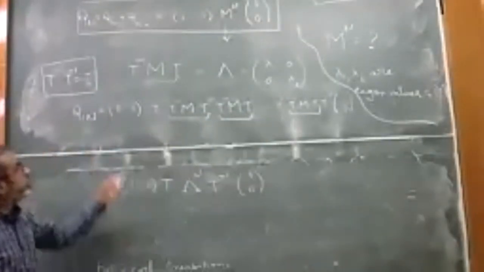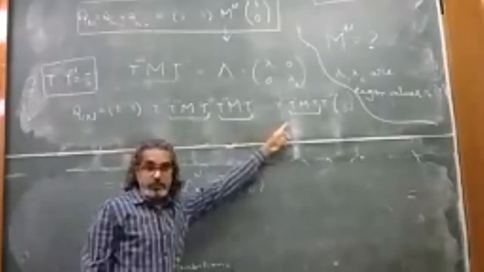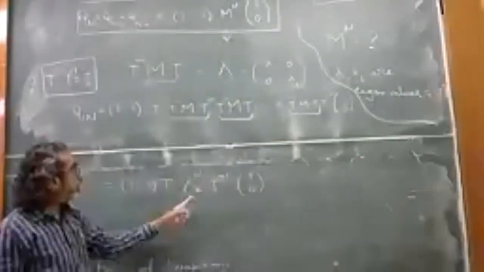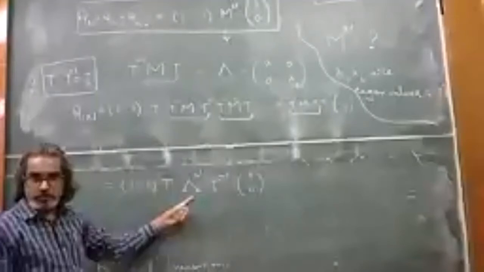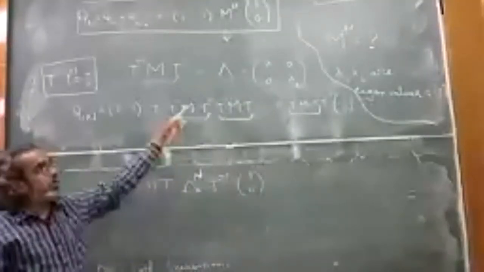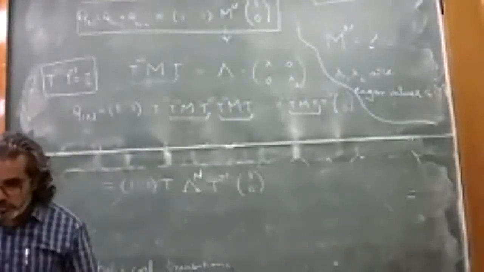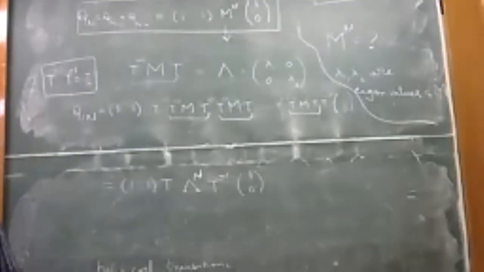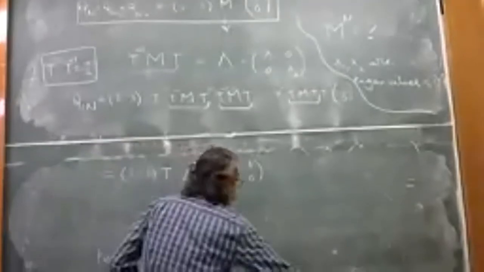T inverse MT. You have n such terms, and each of them has only diagonal elements lambda 1 and lambda 2. So this one can be solved very easily.